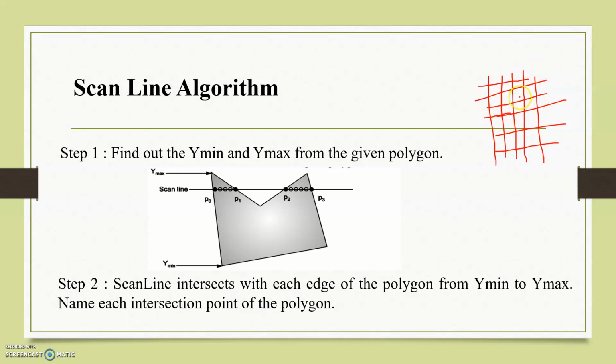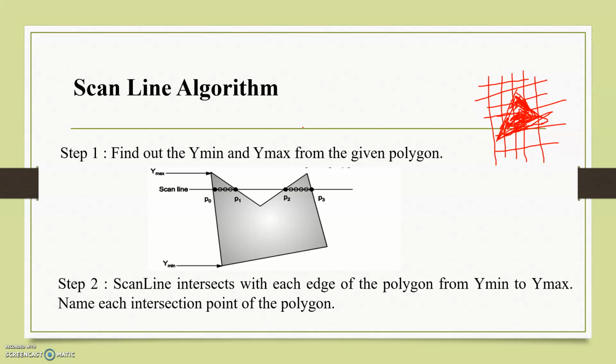On this pixel grid, if you draw a particular polygon, consider I am drawing this triangle, then to fill the polygon means to color every pixel inside the polygon. In the last video we saw the two types of polygon filling, flood fill and boundary fill algorithm. Now we are starting with the scanline algorithm.